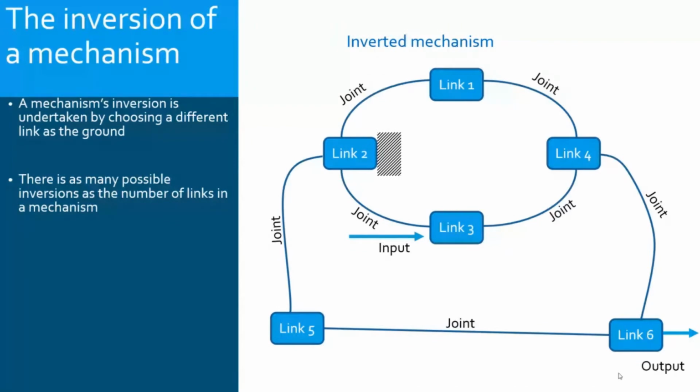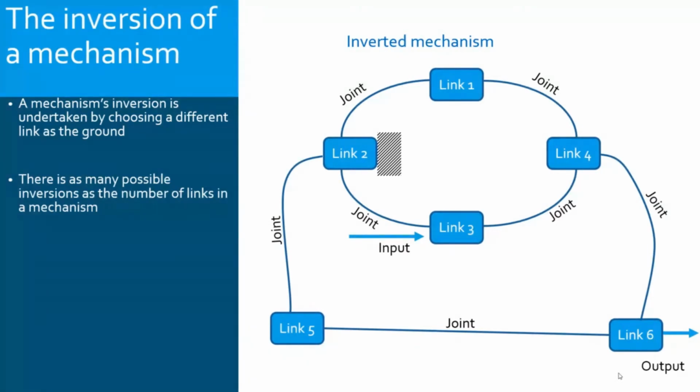Any link can be the ground. So any link can be a good candidate, a good possibility, to be the ground. So if I have here 6 links, all the 6 links can be a ground. And if I choose, for example, link 1 as the ground, it is an inversion. Link 2 as the ground, it is another inversion.